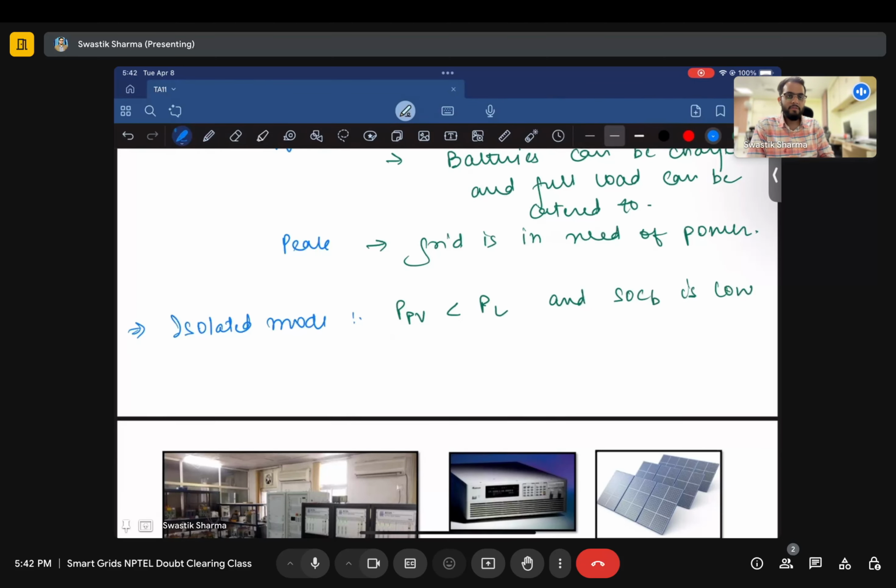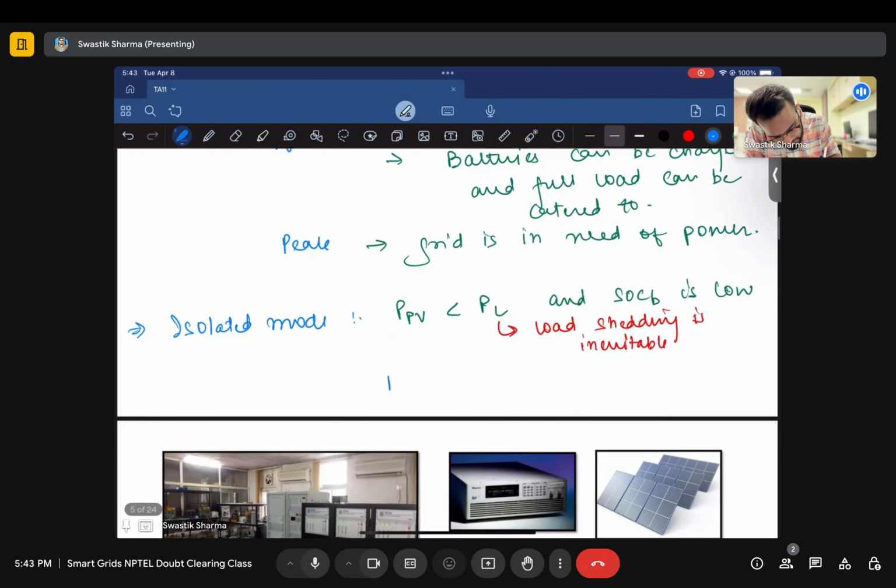So what does that mean? Let's say you don't have sufficient generation available and you have no grid connected, and the battery is also low. That means you have to shed some load. So load shedding is inevitable, right?